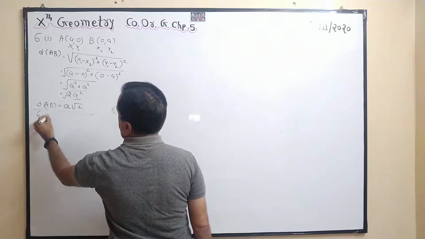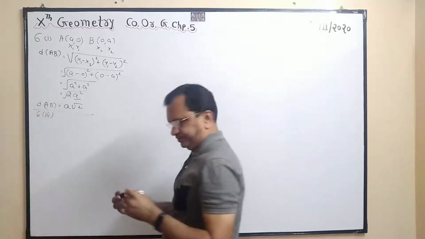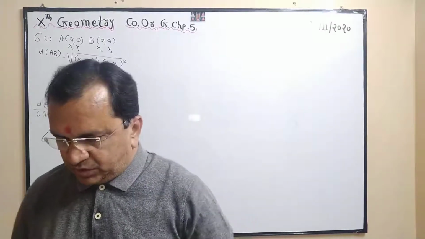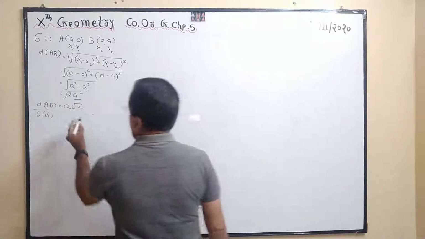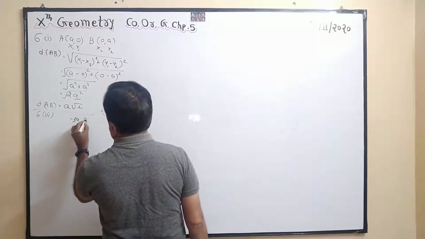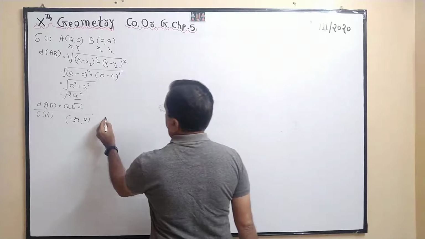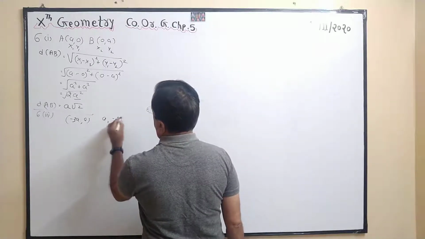Now 6th, third, that is (minus 3a, a) and (a, minus 2a).